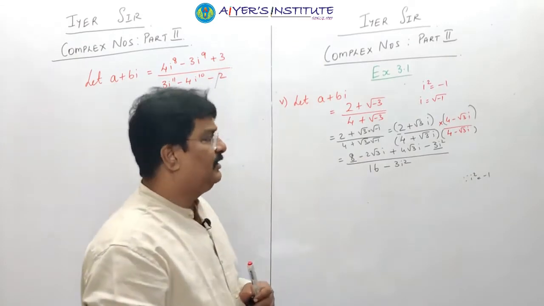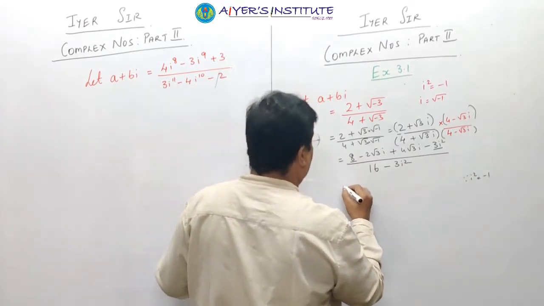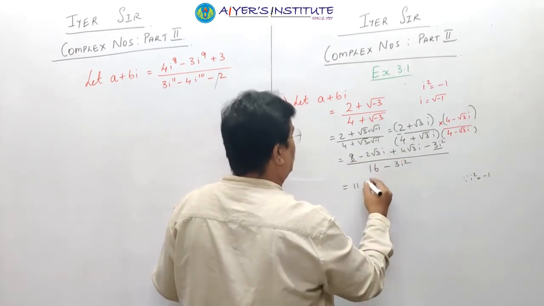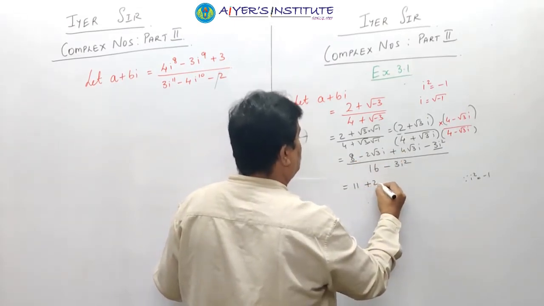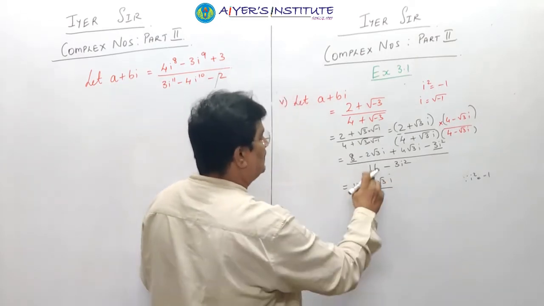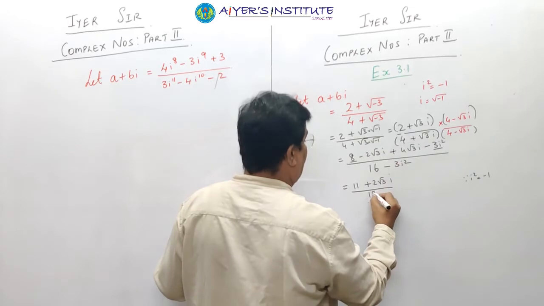So this will become 3. 3 plus 8 is 11. Minus 2 plus 4, so it will be plus 2 root 3i, upon 16 plus 3 will be 19.